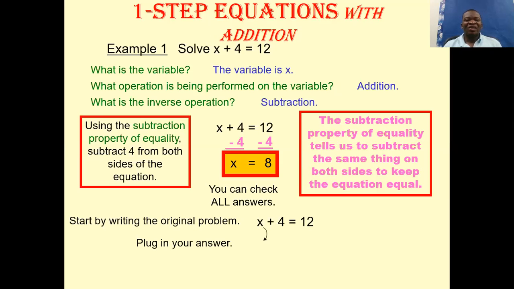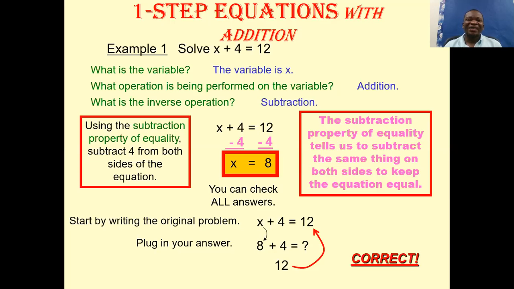You plug in the value of x equals 8, you have 8 plus 4, that gives us what? 12. So the left-hand side equals the right-hand side, which shows that our equation is balanced. Correct. Okay, so it's pretty easy. You just have to follow those steps.